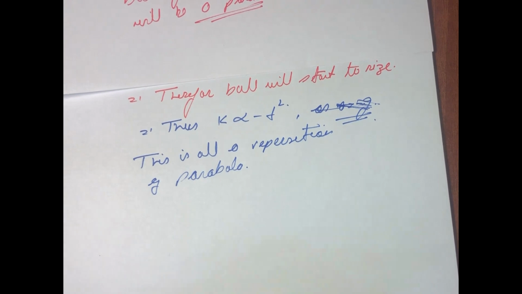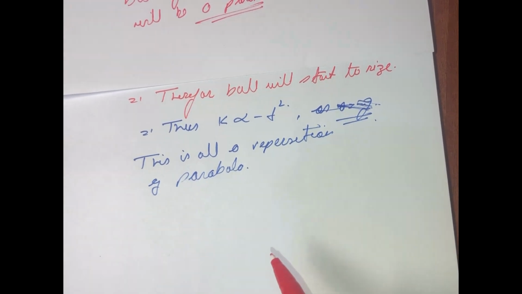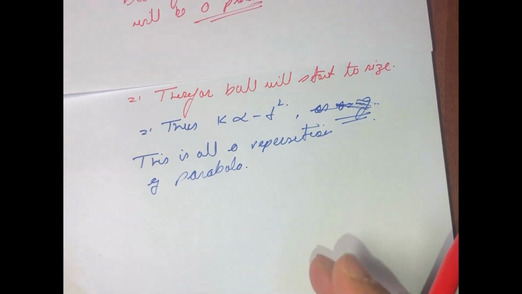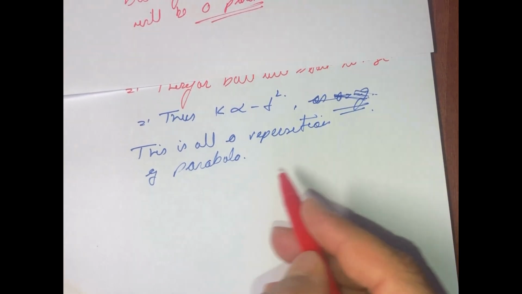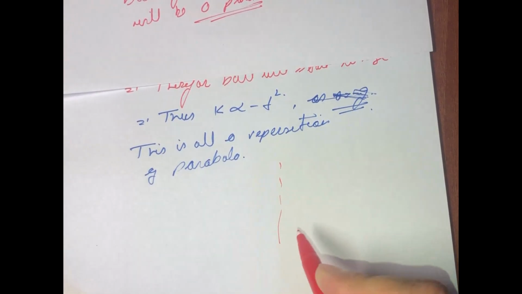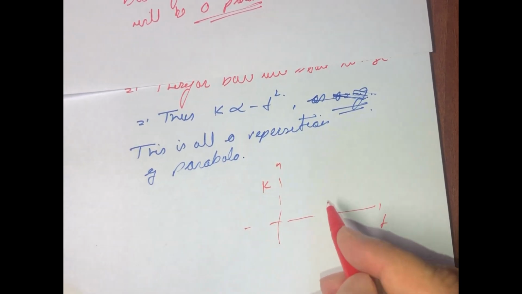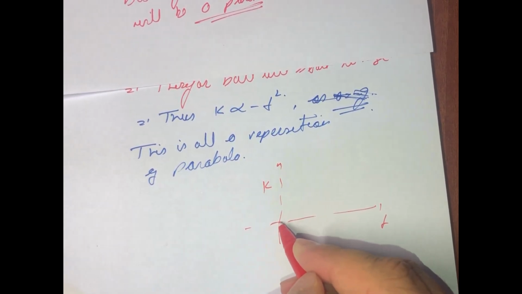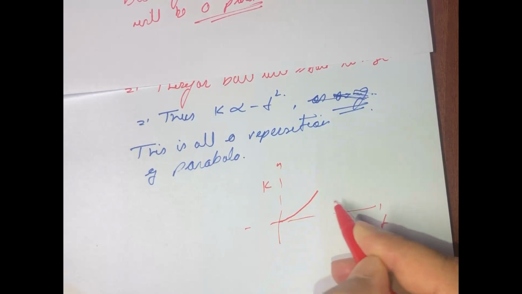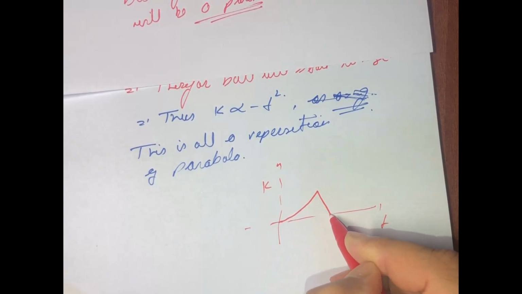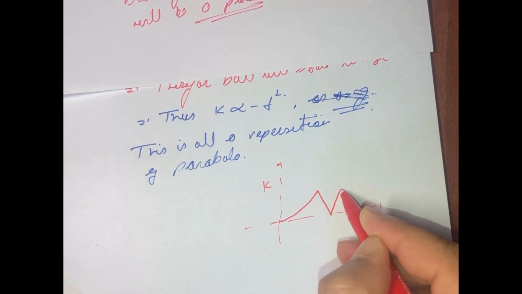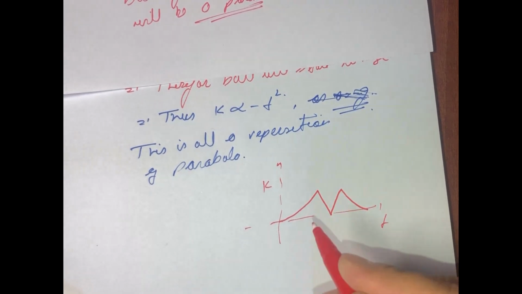It means as the ball starts to rise, that particular graph will also be in the shape of a parabola. Therefore, we can draw the graph like this. This is K. So it starts to go like this, then comes down, and once again rises, and it will be a continuous process like this.